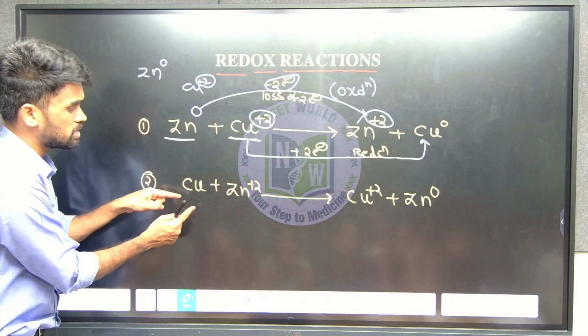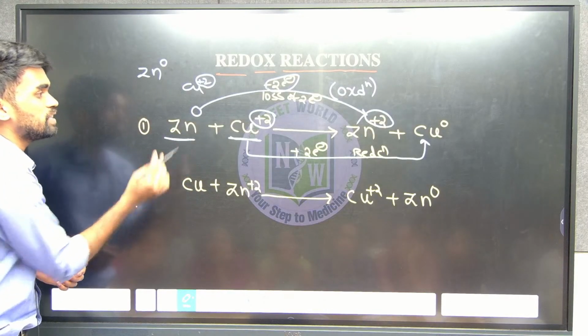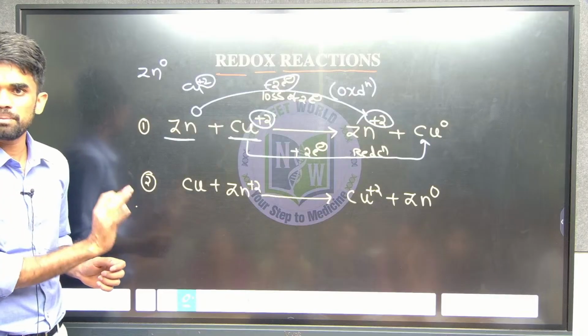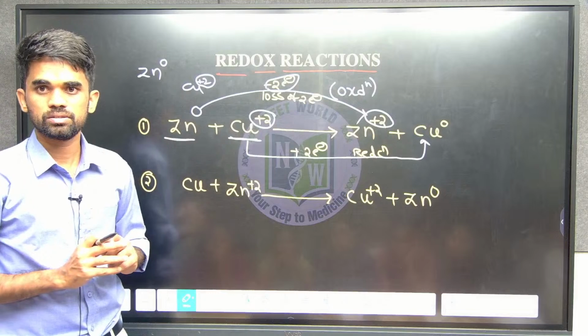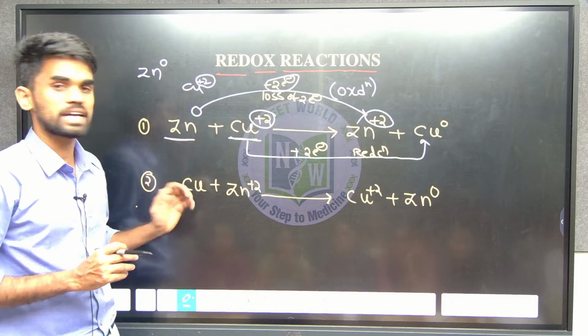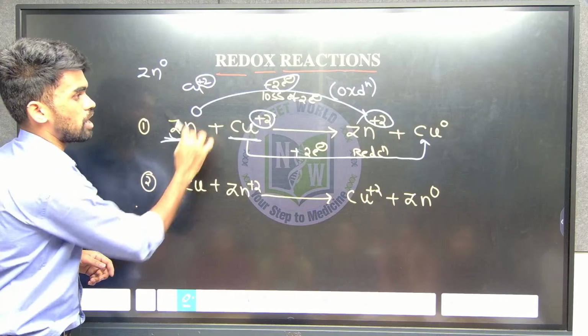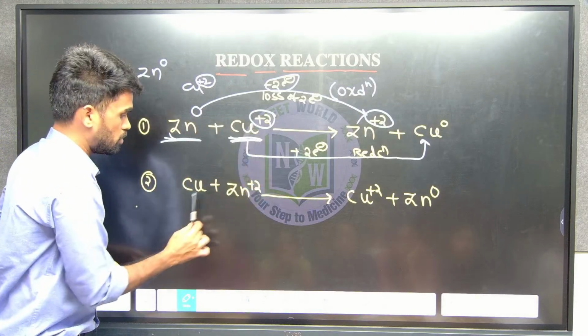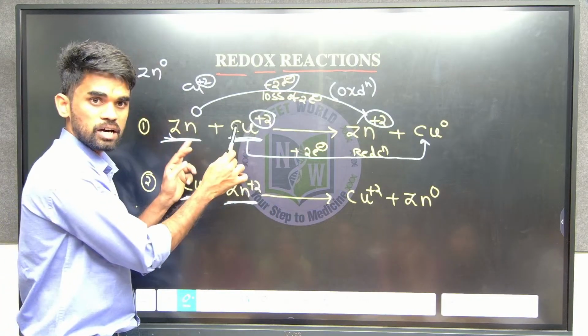This is also an example of a redox reaction, but out of these two, which is the feasible reaction? What do we mean by feasible? Which is a possible or spontaneous chemical reaction, the first one or the second one? Here zinc is undergoing oxidation and copper reduction, but here copper is undergoing oxidation and zinc reduction. It is the opposite.